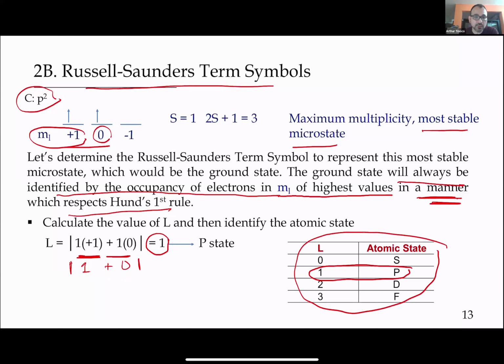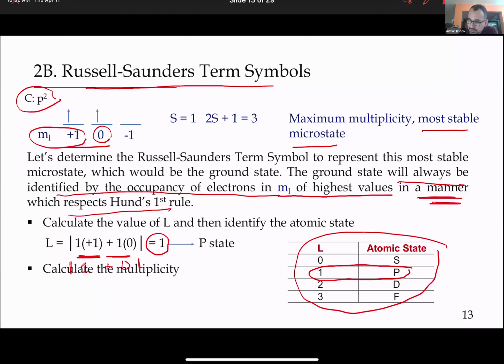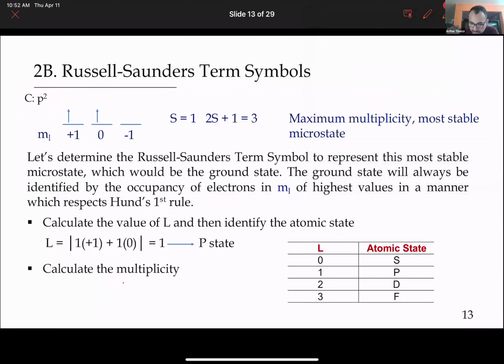So we need the L and the corresponding atomic state, but we also need the multiplicity. So we need the L and the multiplicity. But we already have the multiplicity because we calculated that up here. The multiplicity is a value of 3, is a triplet state.